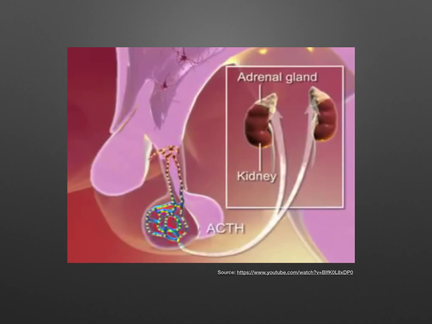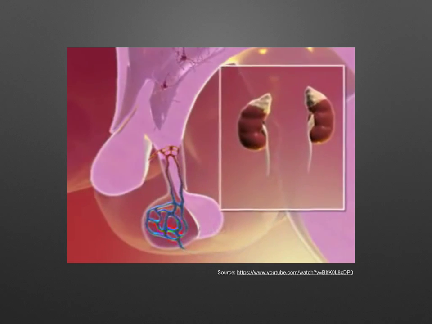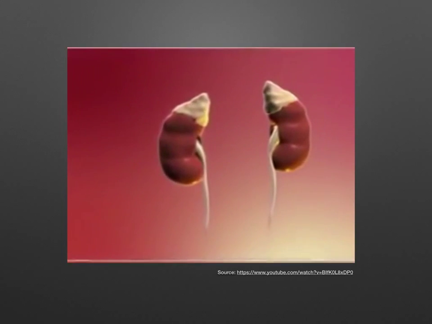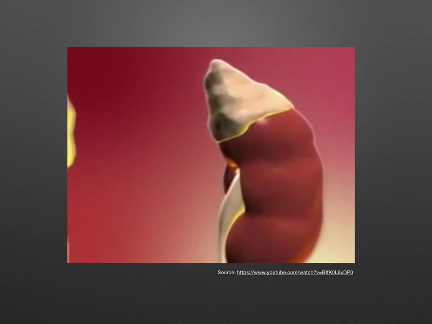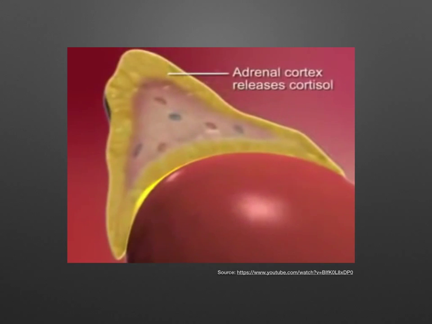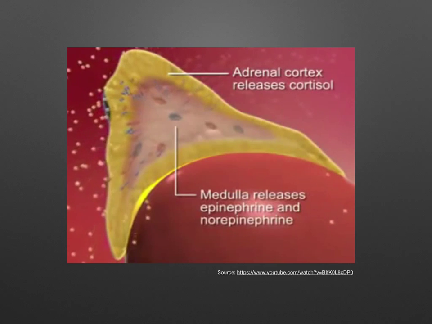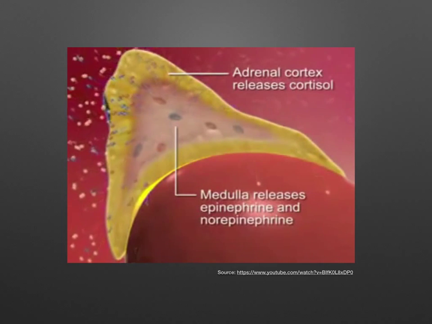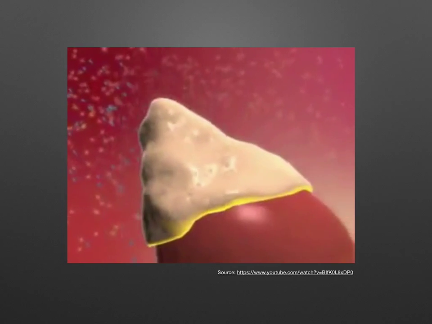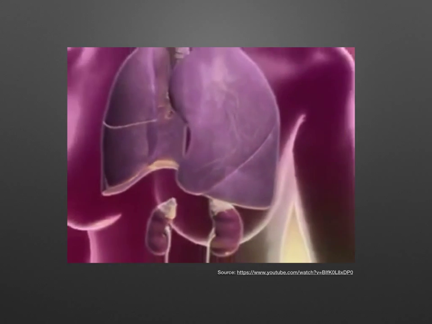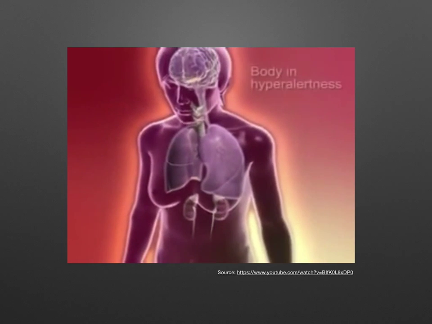This in turn alerts the adrenal glands. The adrenal glands are located on top of each kidney. The ACTH from the pituitary gland stimulates the adrenal cortex to release cortisol. At the same time, neurons in the hypothalamus signal the medulla to release epinephrine, adrenaline, and norepinephrine, noradrenaline. These hormones then push the body into hyperalertness.